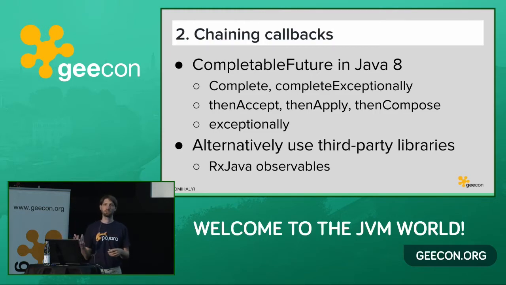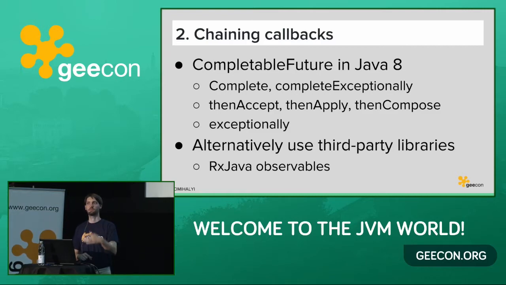Actually with CompletableFuture or any other library which is capable of chaining callbacks, using a promise pattern. You may know promises from JavaScript. The idea is to avoid nested callbacks, because if the callback is called and it needs to do some operation, everything needs to be done in the callback.